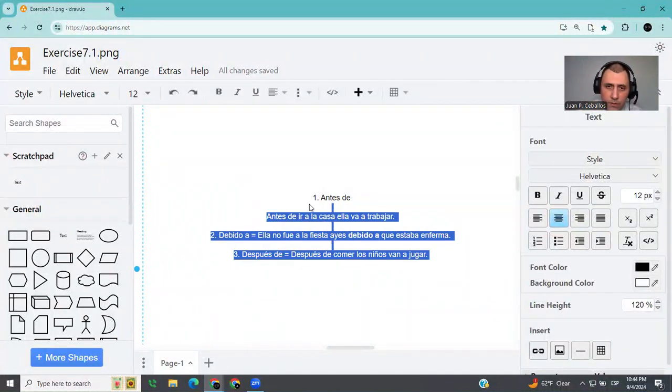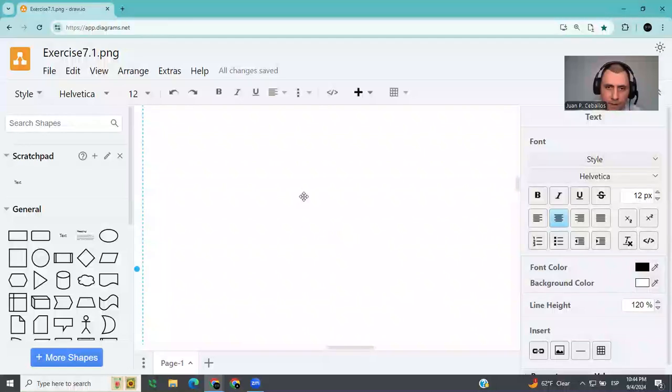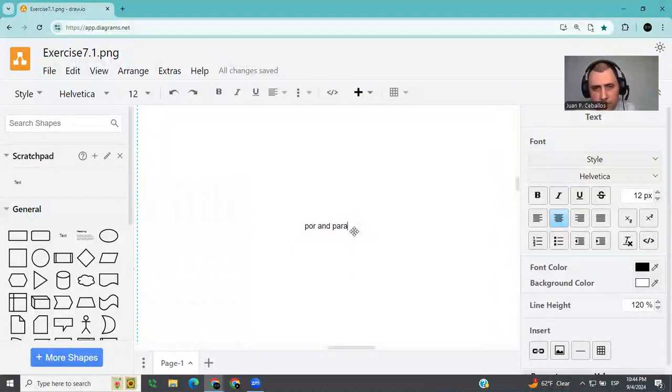There is another one that I think is one of the most difficult prepositions for English learners to understand, the difference between por and para. There are different rules, but I'm not going to concentrate on all of them.